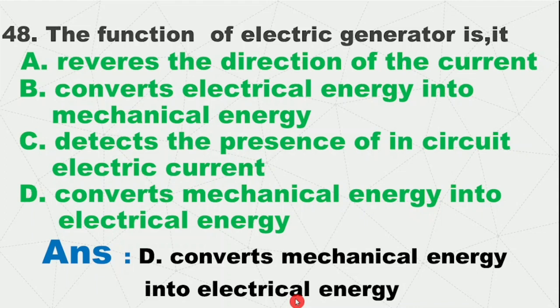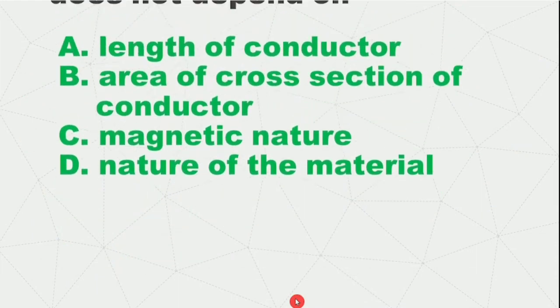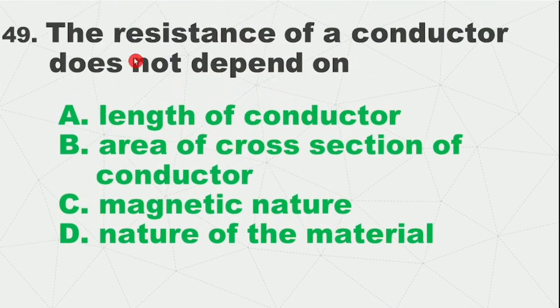Question number 49. The resistance of a conductor does not depend on. We know that resistance depends on the length of the conductor, area of cross section, and nature of the material. Here the question is, it does not depend on. Read the options. We have 4 options: length of conductor, area of cross section, magnetic nature, nature of the material.